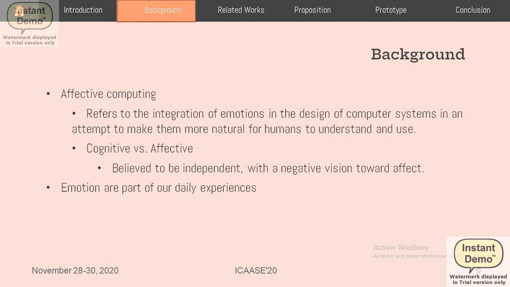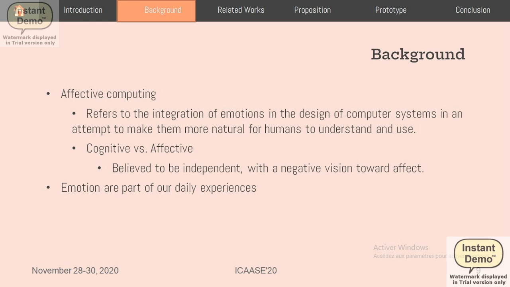Affective computing refers to the integration of emotions in the design of computer systems in an attempt to make these systems more natural for humans to understand and to use. For a long time, the general belief was that emotions had only a negative impact on cognition.